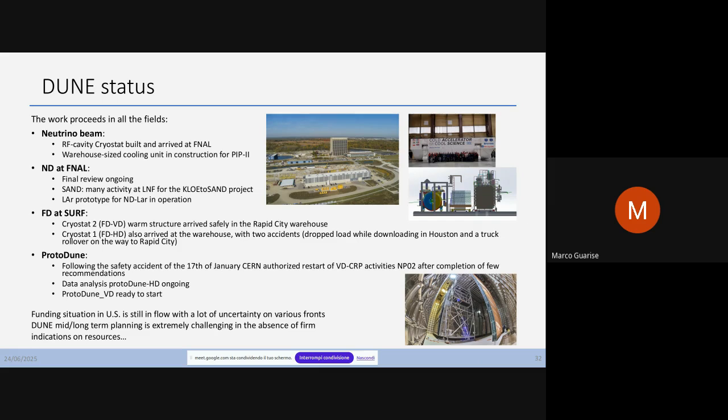Related to ProtoDUNE, this winter there was an accident. Unfortunately, nobody died, so it's okay.